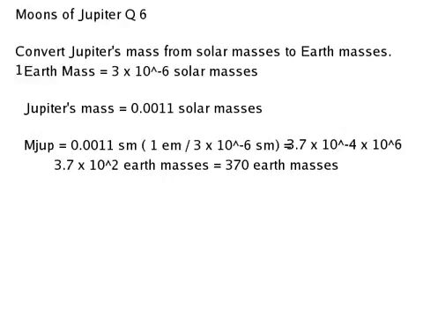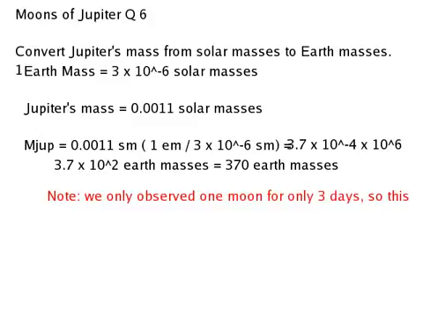We only observed one moon for only 3 days, so this value is not very accurate. That's why you observe 3 or 4 moons over 18 days or 18 observation lines. You'll get a much better result.